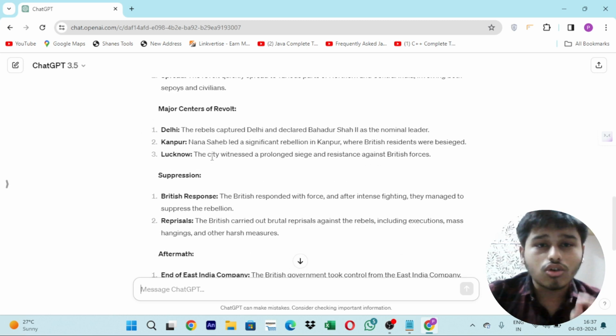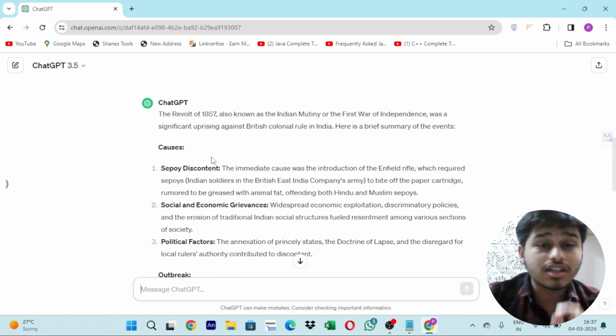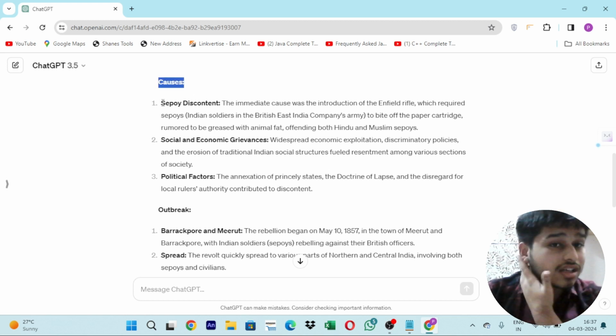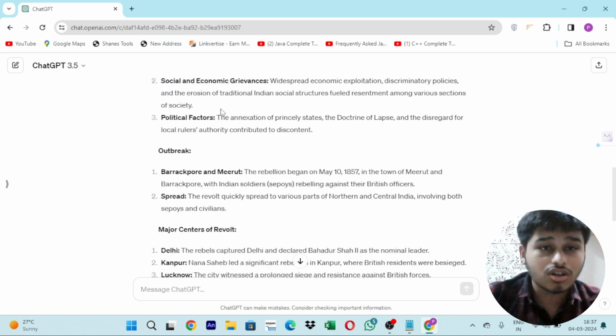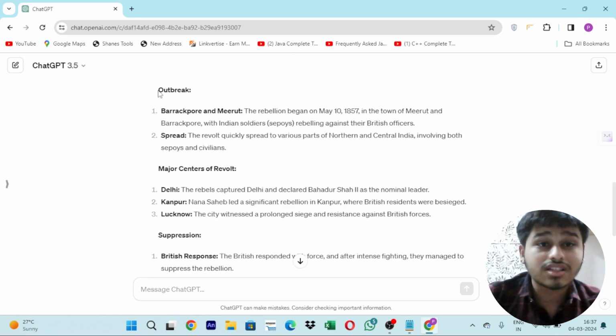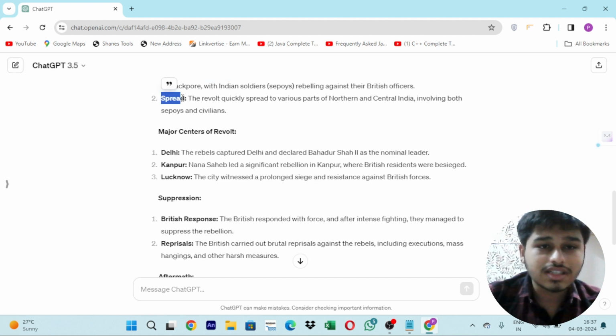Okay, so you can see that ChatGPT is giving us the key points of the event of the revolt of 1857. It is giving us the causes: this was the first cause, this was the second, this was the third. Then it gives the outbreak, meaning the key points of what happened in the revolt.